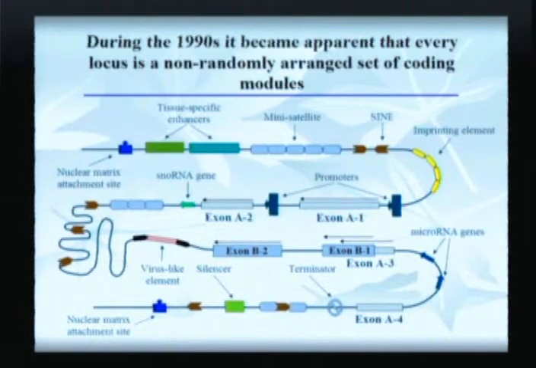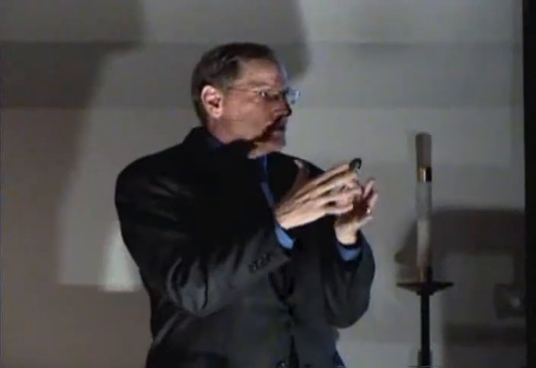The imprinting elements, those yellow segments over there, have something to do with whether this chromosome came originally from the mother or from the father. All of your genes are imprinted as to whether they came from male or female. And it's interesting, early in embryological development, for certain developmental pathways, only the father's genes are used, and for other developmental pathways, only the mother's genes are used.